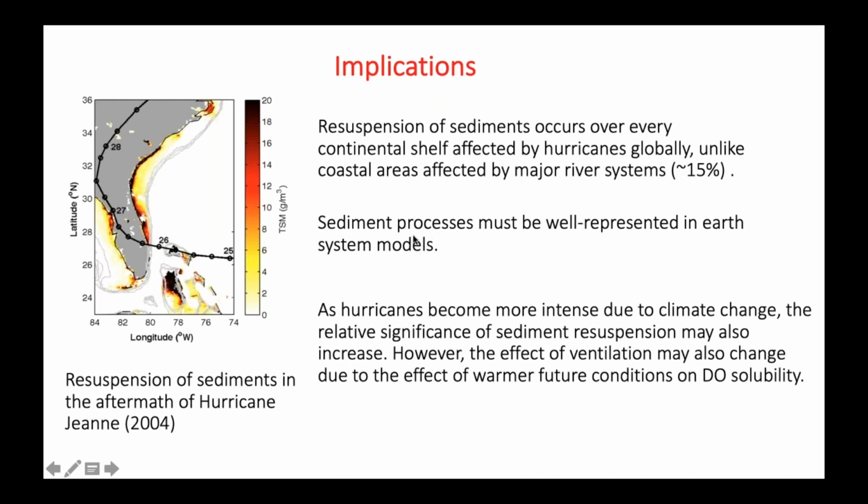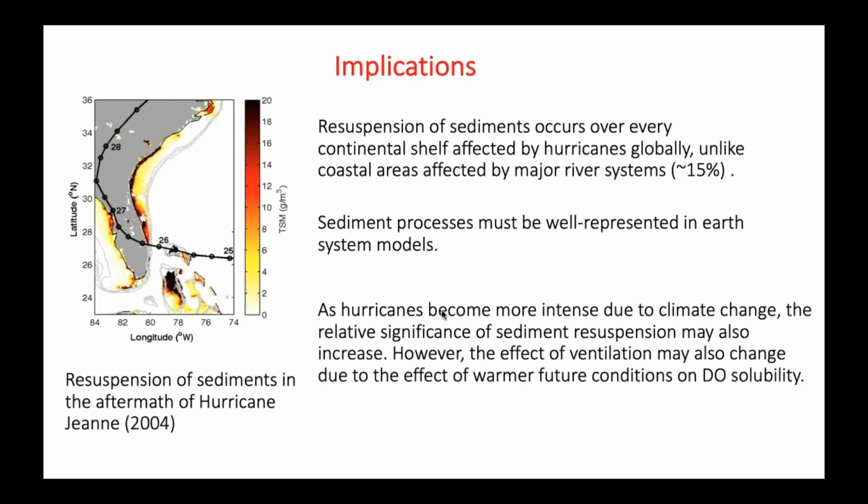As we probably know, a lot of studies are suggesting that hurricanes will likely become more intense due to climate change. And when you have more intense hurricanes making landfall and arriving at the continental shelf, you would expect them to resuspend more and more sediments. And because of this, there should be more drawdown of DO from the water column.